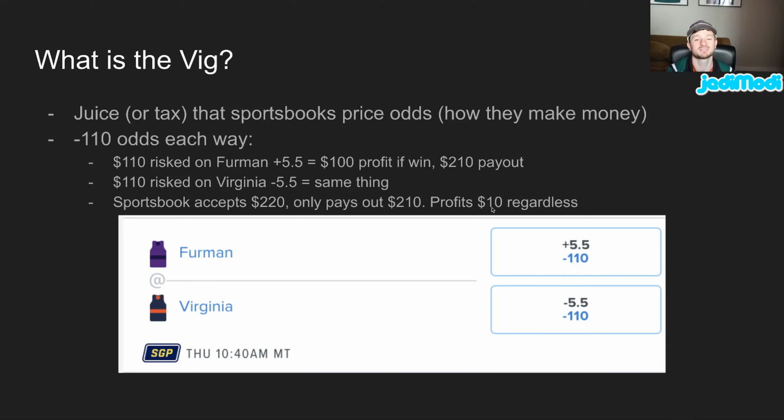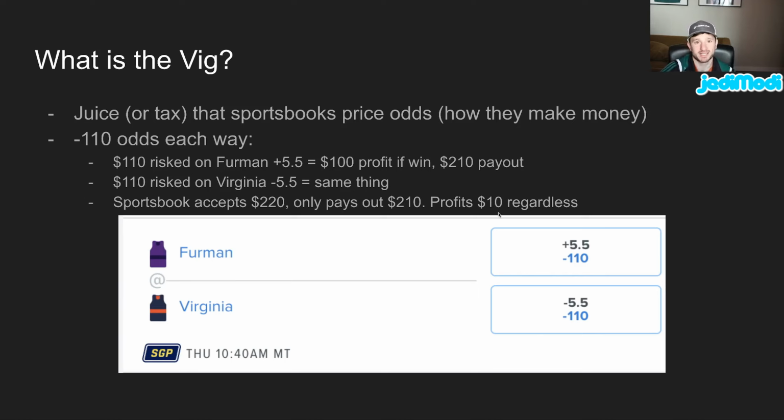So there's a couple of things to note here. Number one, sportsbooks always are going to try to get 50-50 payout on each side. For this exact example, if they can get it, so no matter who wins, they're paying out 50% of the bets, they are making the money off of this VIG. So that's the first thing. Sportsbooks want a 50-50 payout, and we'll get to that.